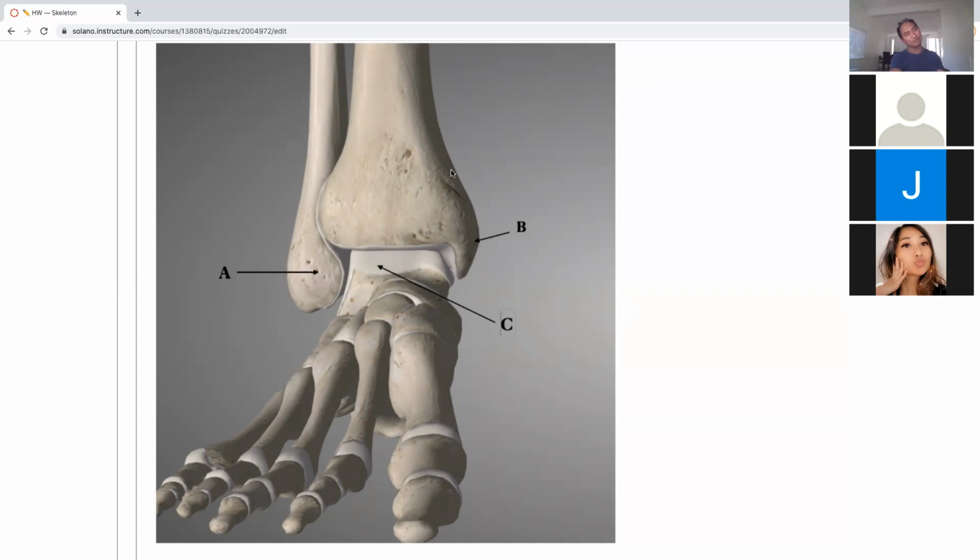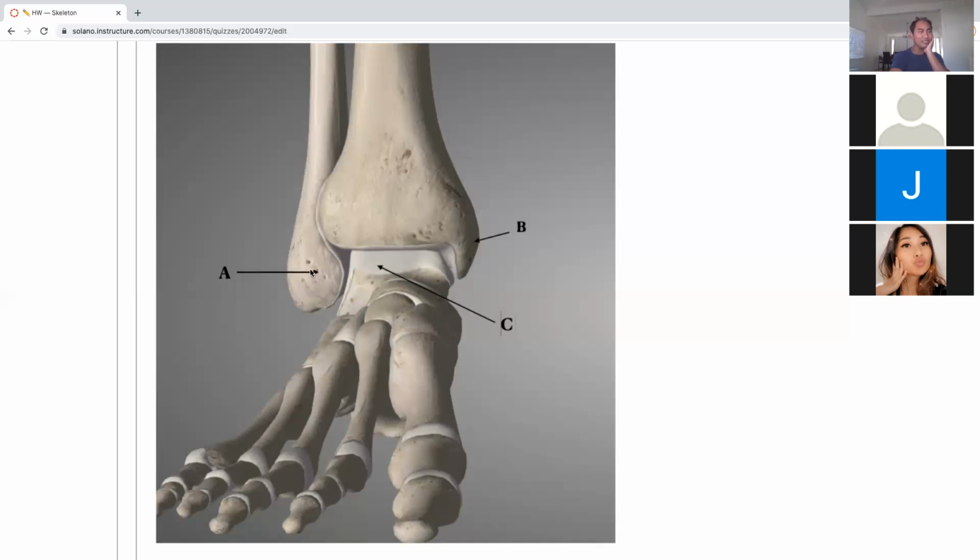This is on the medial side. And of course, the bony bump from the tibia, which is on the medial side of the ankle, is the medial malleolus. So usually we would describe it as medial malleolus and lateral malleolus rather than distal fibula or distal tibia.